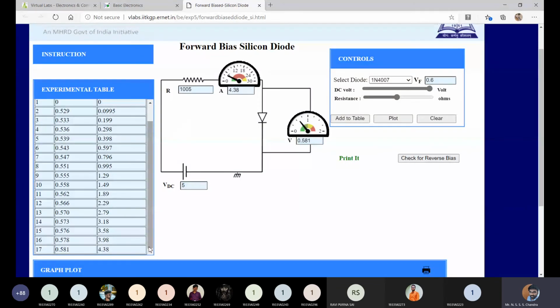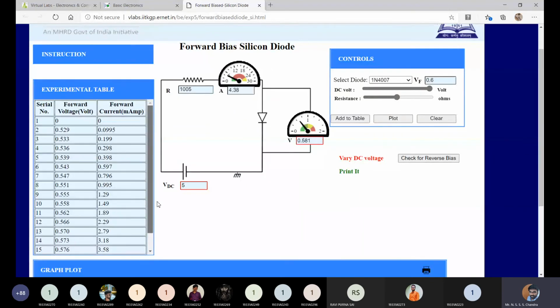So it is 0.581, it is 4.3 milliamps. And finally I'll give the entire 5 volts. Okay. So these are the values I got.